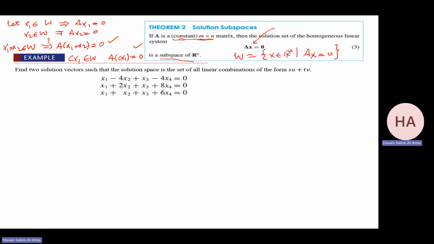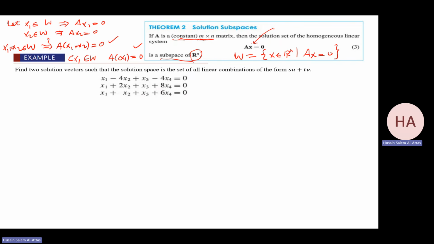And not only that, now in this example, since it's a subspace, it can be generated by a specific number of vectors. I need to find those vectors which generate this solution space.